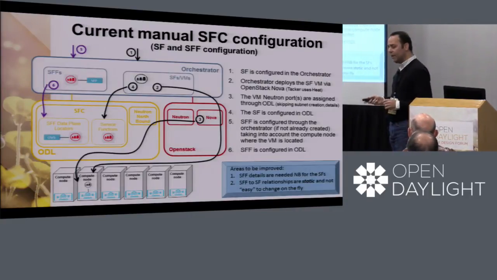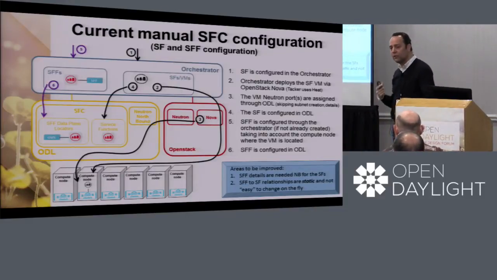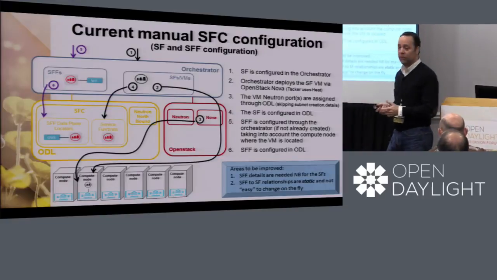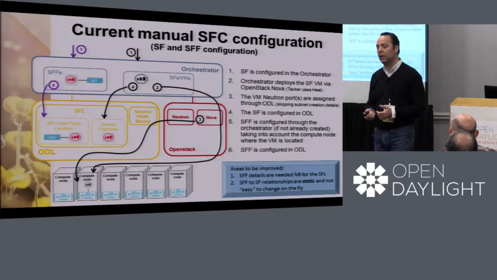The next step, and what we want to focus on in the next slide about the service function forwarder automation, is step 5 and step 6. As it is today, the service function forwarder is basically the OVS bridge. You need to know where that service function forwarder is for that service function.